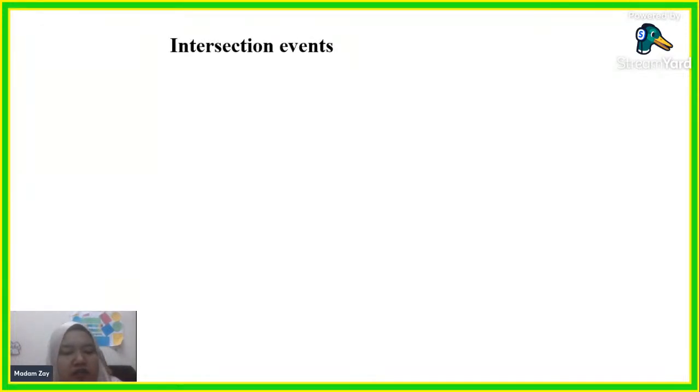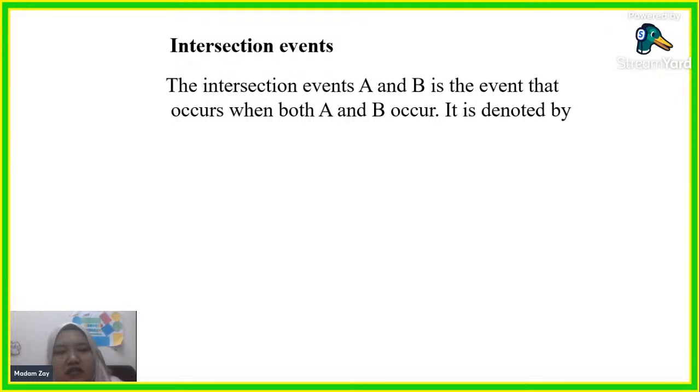So how to find this union of events? Okay, so the intersection event is another event that will occur when both A and B occur. So it only happens when they coincide with each other, the intersection.